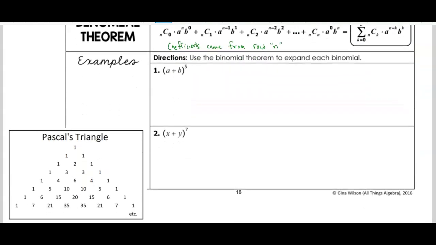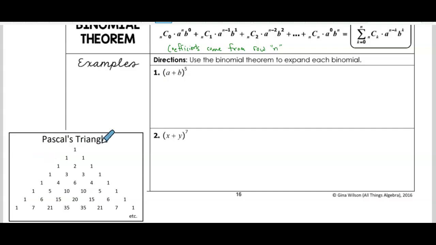So for example 1 here, use the binomial theorem to expand each binomial. So you have a card available to you today, and you can use this card whenever you need to. And what we're going to do with each of these problems is apply that concept of using row n to get these coefficients. Now the other thing we have to look at, if you look at the beginning of this formula here, the first term is a to the n power.